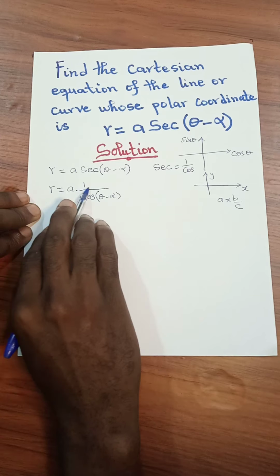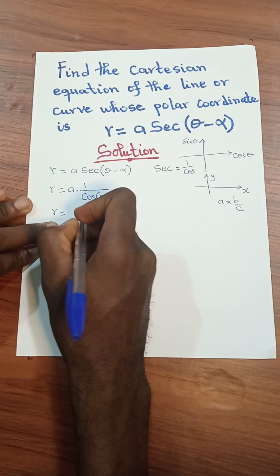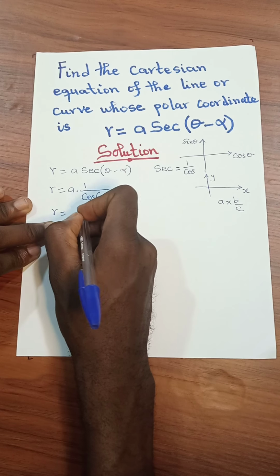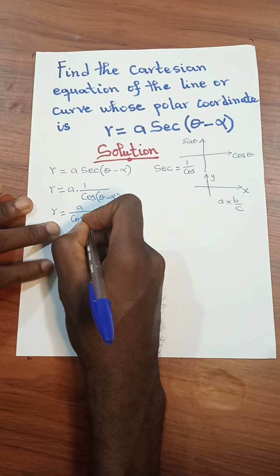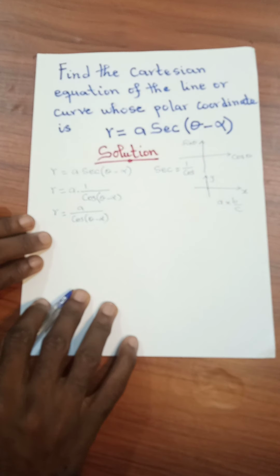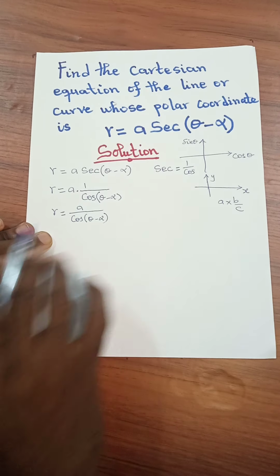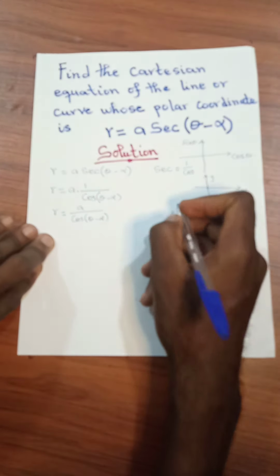So here a multiplies the 1, and we say that r equals a over cos(theta minus alpha).